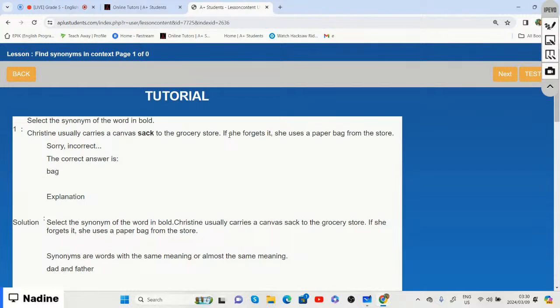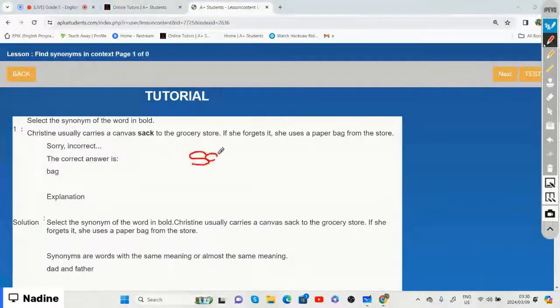All right, so the word that is the same as sack is a bag. And yet they specifically say she goes with a paper bag.